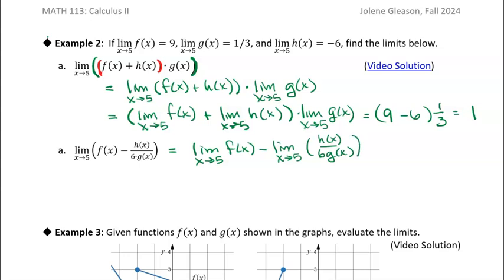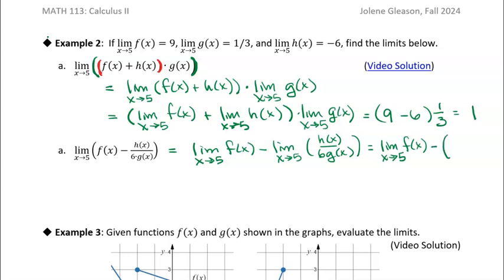Okay. So I got the first thing. I know what the limit as x approaches 5 of f of x is, but I need to take care of the quotient. Let's rewrite this. We still have the limit as x approaches 5 of f of x, and now we're going to take the limit of the quotient. So it's subtraction, right?